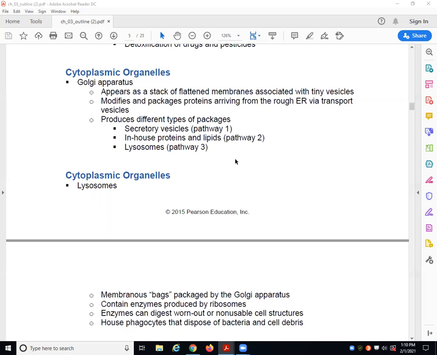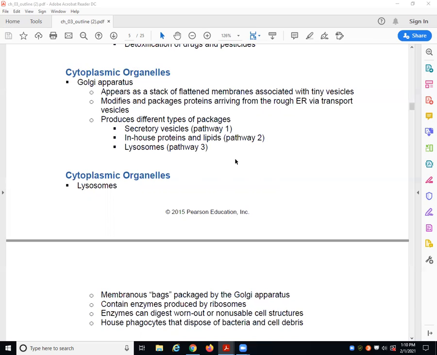So they can produce secretory vesicles, and that just means that they have secretions, which means they release them outside the cell. Okay, second pathway would be in-house proteins and lipids, and in-house in this context means they don't get sent out to another cell; they stay in the cell.